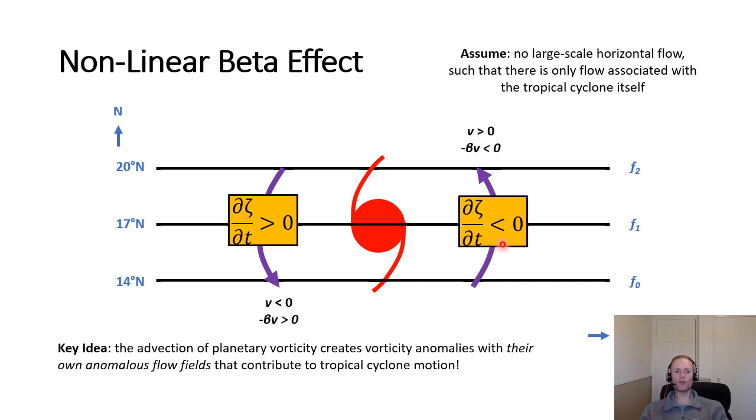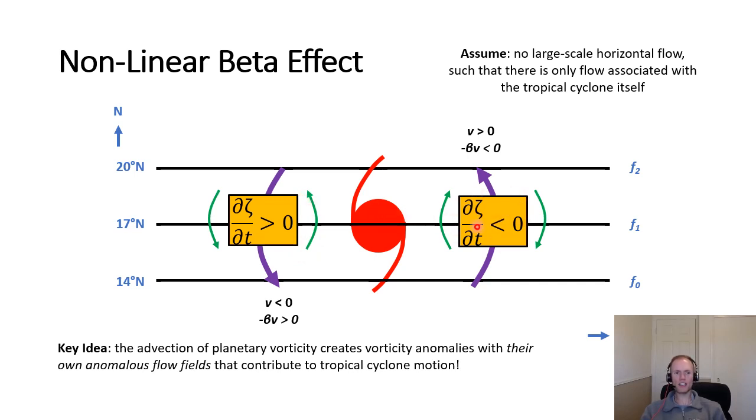We can conceptualize this as creating vorticity anomalies with their own anomalous flow fields that contribute to tropical cyclone motion. So for instance, this positive vorticity tendency to the west that increases the cyclonic rotation there is associated with this anomalous cyclonic rotation depicted in the green arrows that we see here.